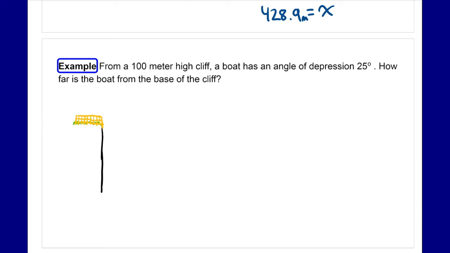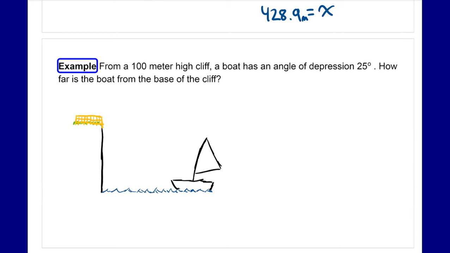So we have our cliff, say at the bottom. We then got our water. And we have a boat in the water. So let's just assume it's a little sailboat in the water, trying to get back to shore.